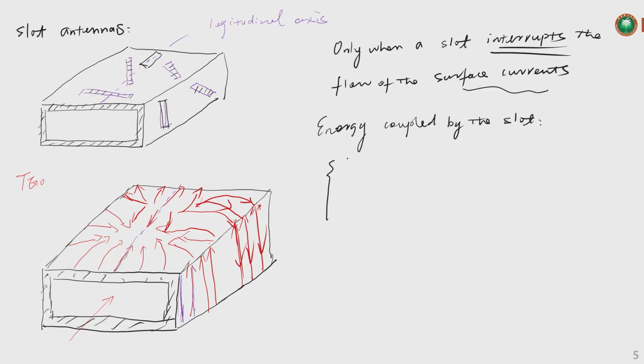For example, the waveguide dimension, and also the dimension of the slot, and also its orientation.